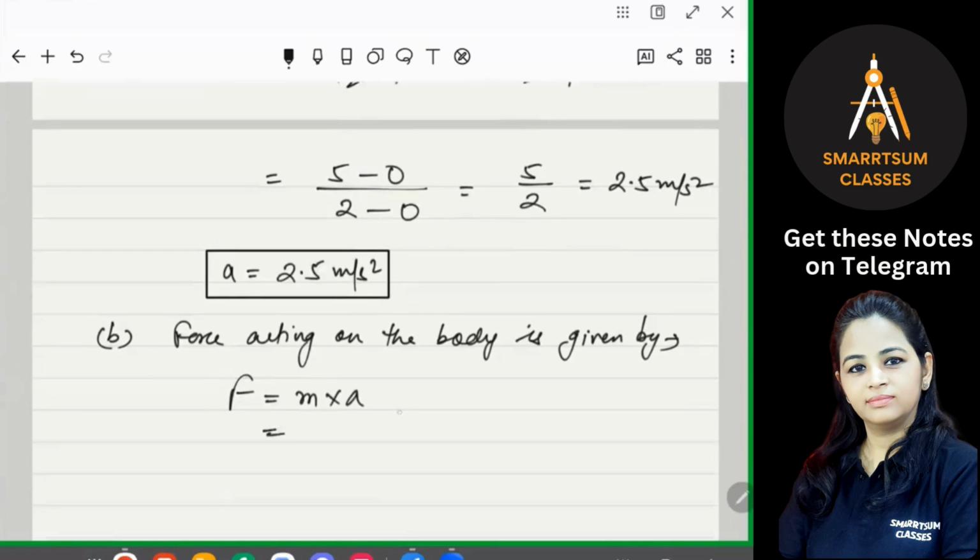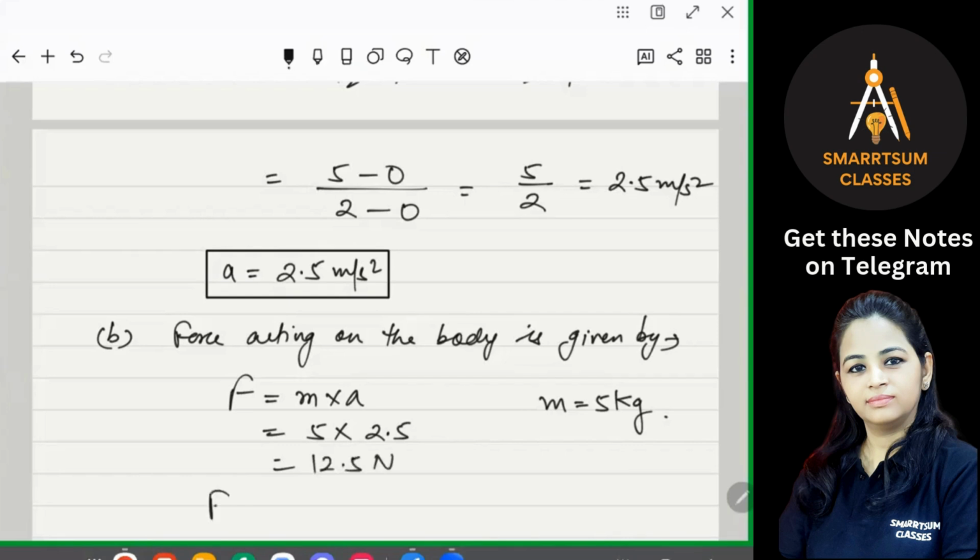Mass is already given. M is 5 kg. This is given in the question. So 5 into acceleration, we have already found it out, 2.5 meter per second square. So 5 kg and 2.5, that will be 12.5 Newton.